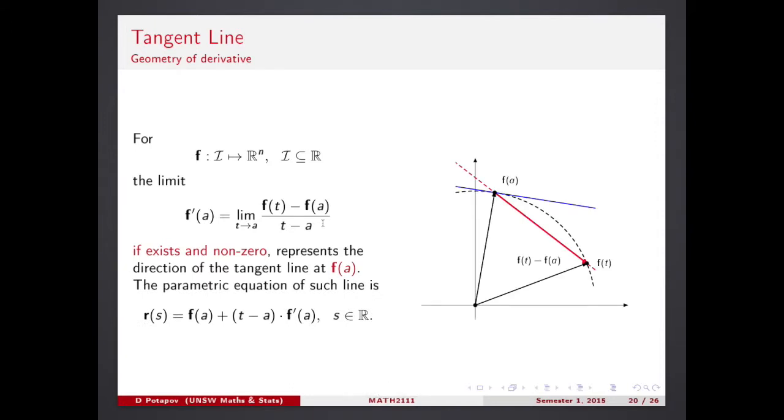I have this little diagram. If this black dashed line is the trace of your vector function, when you compute a quotient of this type, f of t minus f of a over t minus a, it will basically be this red vector.